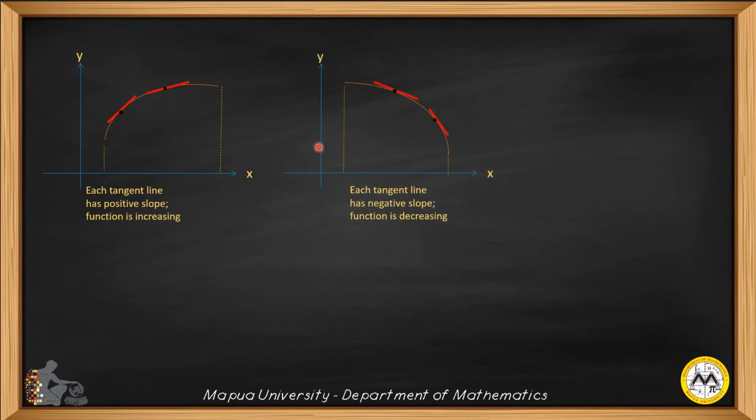But if the function is decreasing, as in this case, where tracing the curve we go downhill, observe that the tangent lines drawn at points on the curve of the said function would always be with negative slope, and in this case the function is decreasing. As to a constant function, the tangent line drawn at points on the curve will be observed to be horizontal, and therefore the slope is 0.